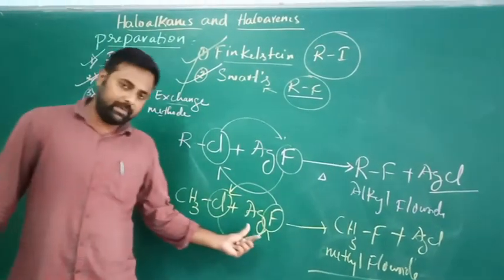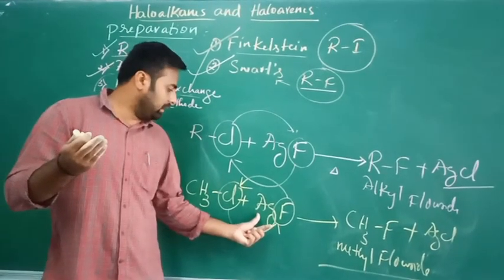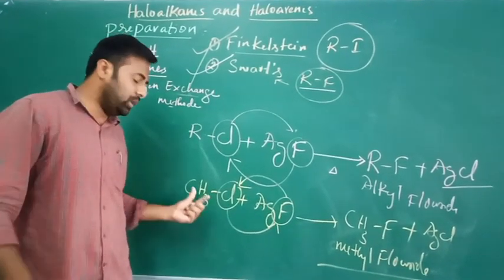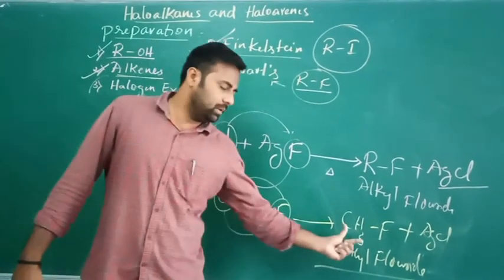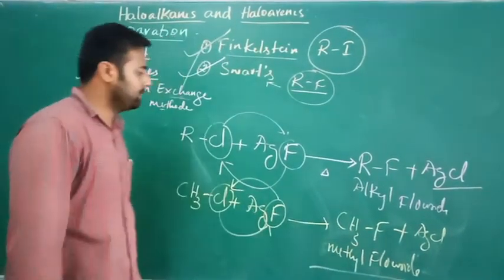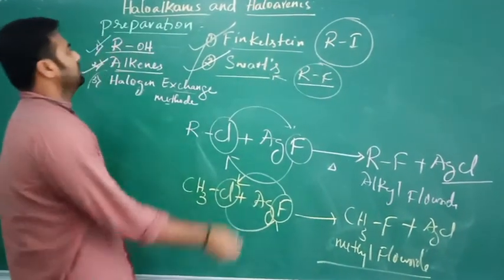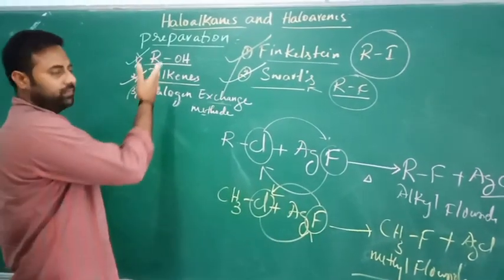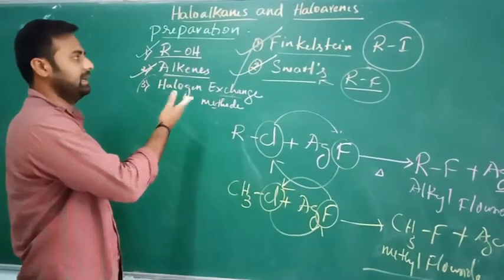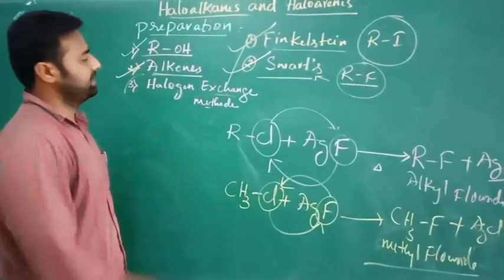That's why we use the metallic fluorides here. They easily convert the alkyl chlorides into alkyl fluorides. So this is one of the halogen exchange methods, called the Swarts reaction. So this is the preparation of alkyl halides by using different compounds like alcohols, alkenes and some kinds of reactions. This is the preparation.